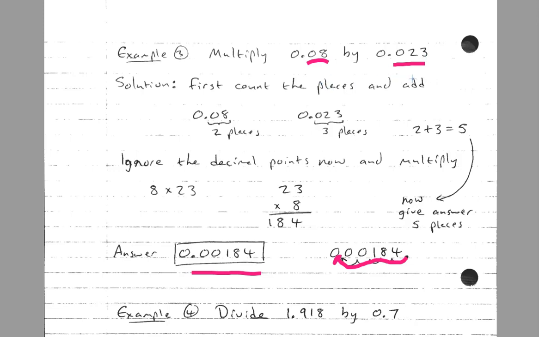So if you multiply those two fractions, that's going to be 184 over 100 times 1,000. That's 10,000, or sorry, 100,000. So 100,000, that's 5 places.